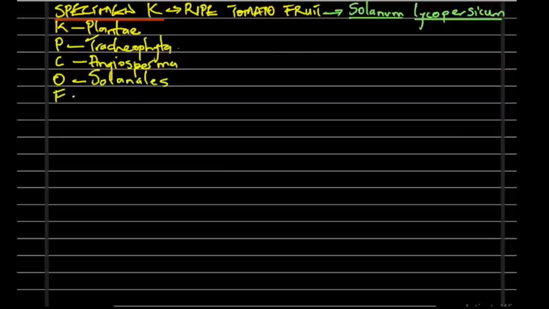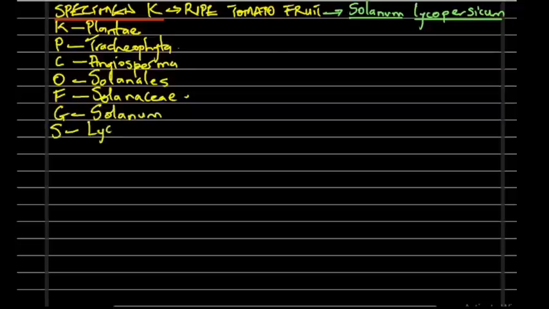We have the family to be the Solanaceae. We have the genus now to be the Solanum. And then the species is the Lycopersicum. So that is the classification.